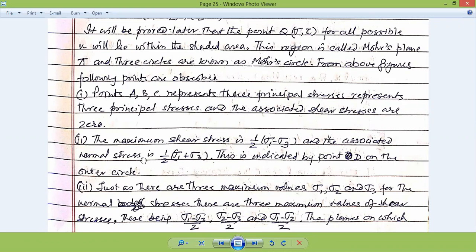The maximum shear stress is half of sigma 1 minus sigma 3, and the associated normal stress is half of sigma 1 plus sigma 3, indicated by the point D on the top of the outer circle. There are three maximum values: sigma 1 minus sigma 3 by 2, sigma 2 minus sigma 3 by 2, and sigma 1 minus sigma 2 by 2.